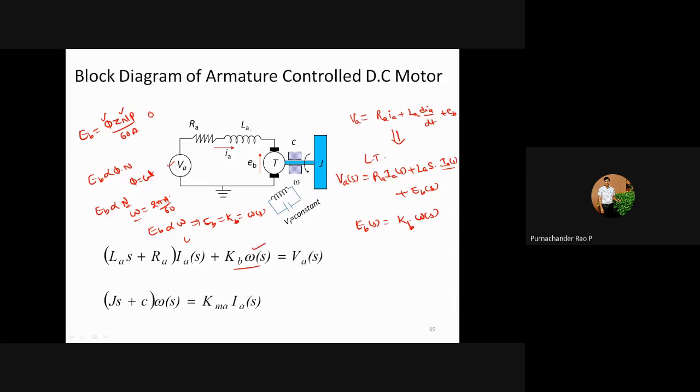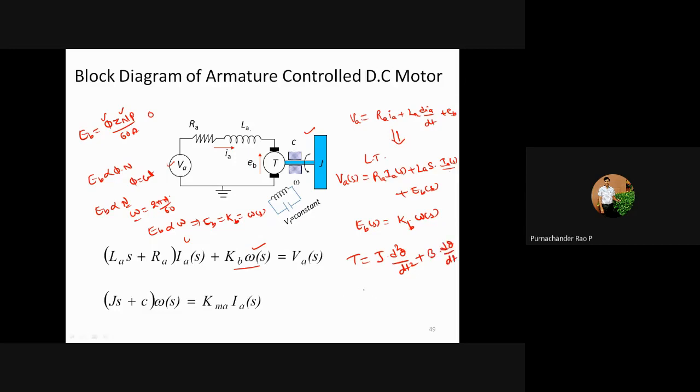So that's why we are representing it as EB of S. And if you come to the mechanical system now, the torque developed will be equal to the moment of inertia into d square theta by dt square plus some dashpot, which is nothing but B d theta by dt.